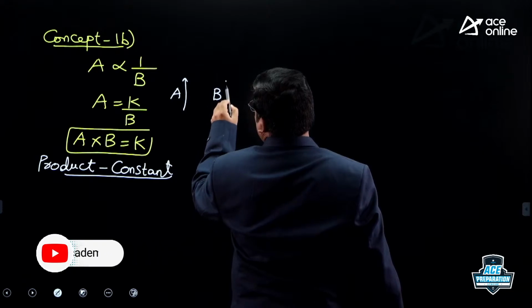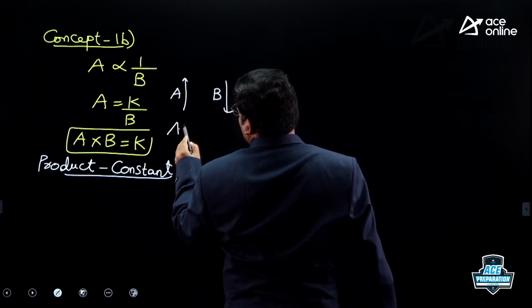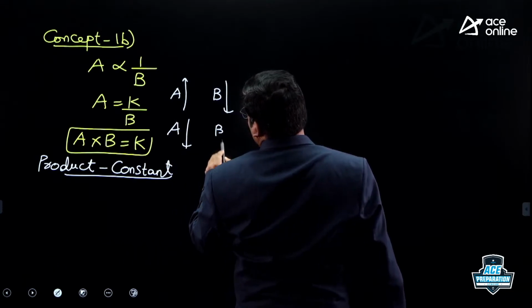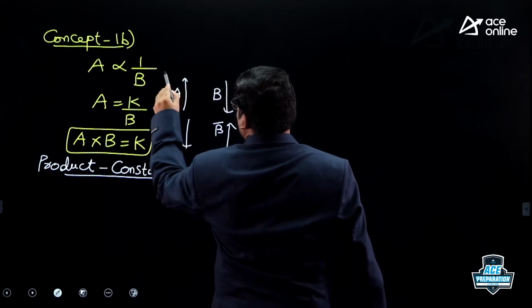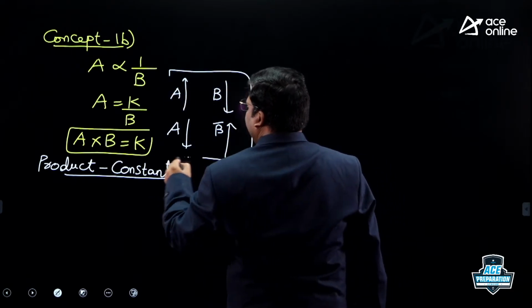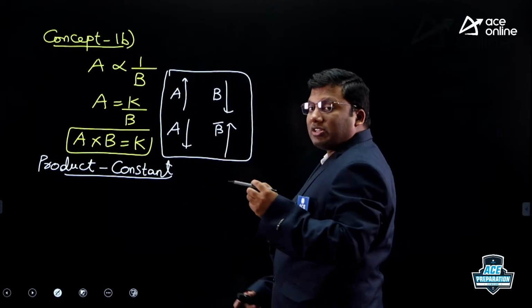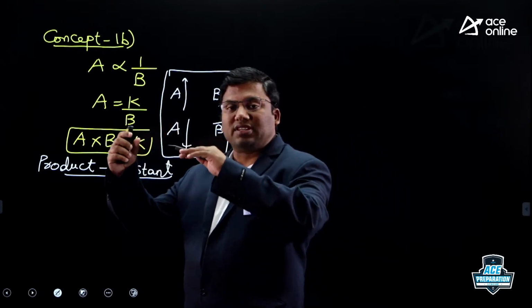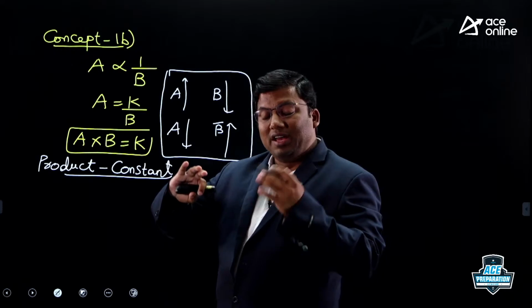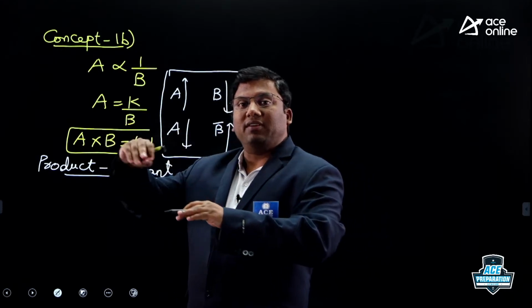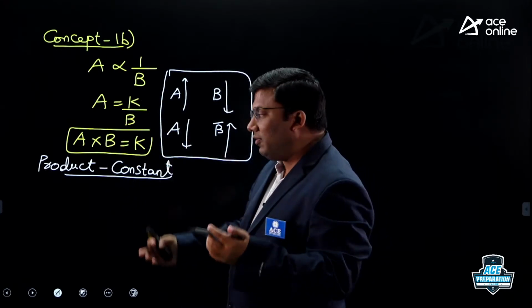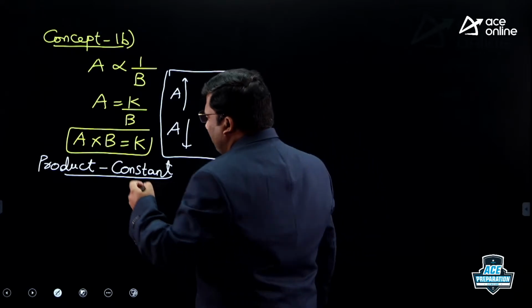A and B are inversely proportional. A increases, B decreases. A decreases, B increases. A becomes double, B will become half. A becomes 1/3, B will become a third. Right? Inversely proportional.